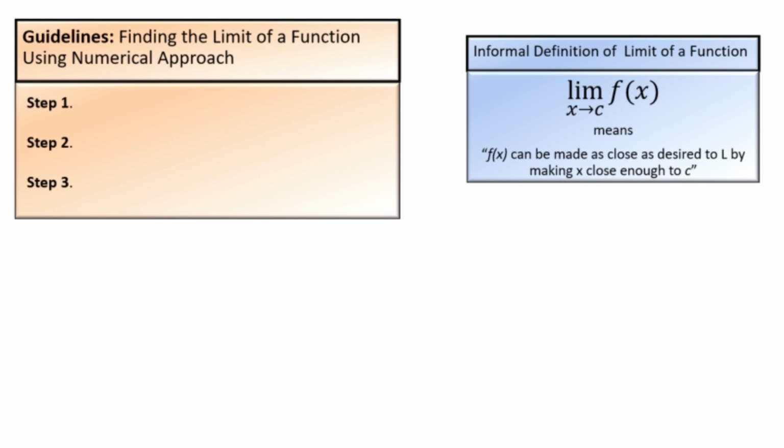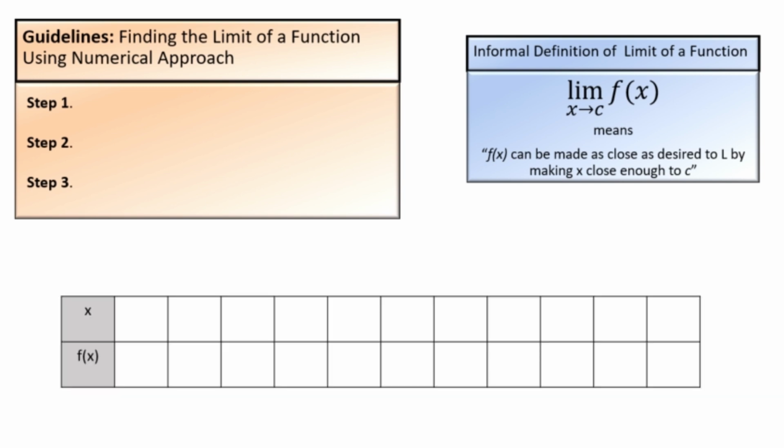The numerical approach of finding the limit of a function, of course, is done by analyzing the pattern of numerical values. Therefore, we will be needing a table. The first step is to assign values to x that approach c, because c can be approached from 2 directions.